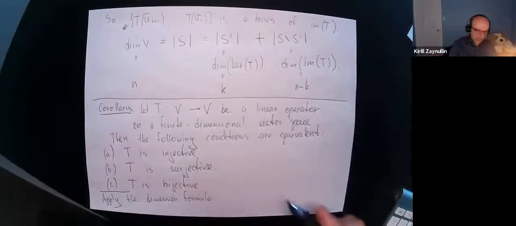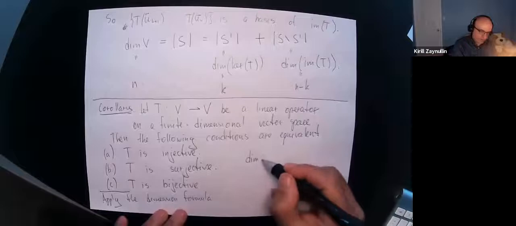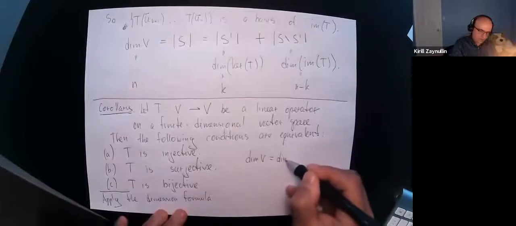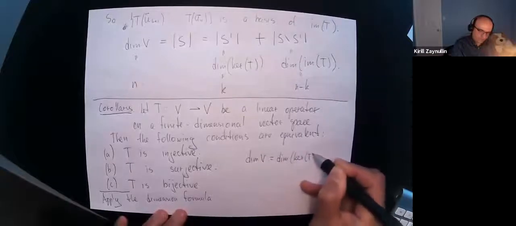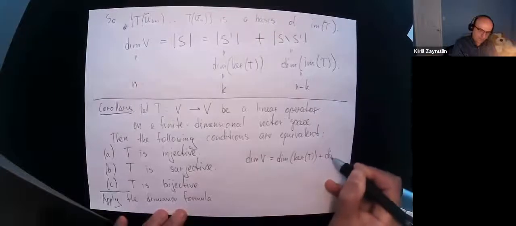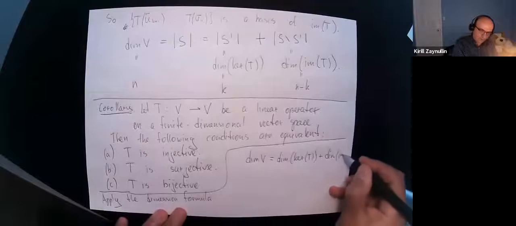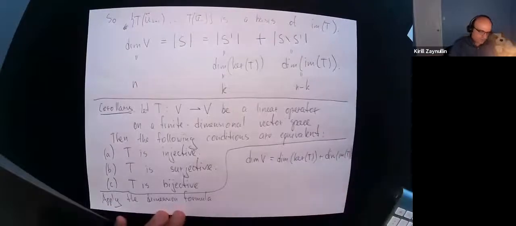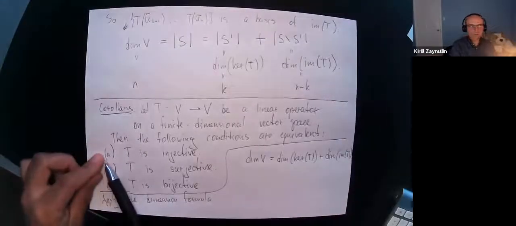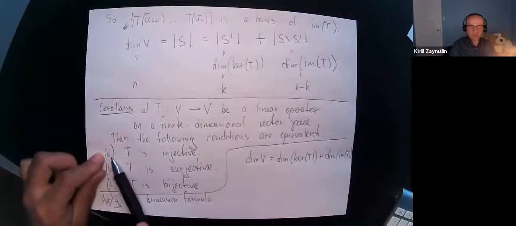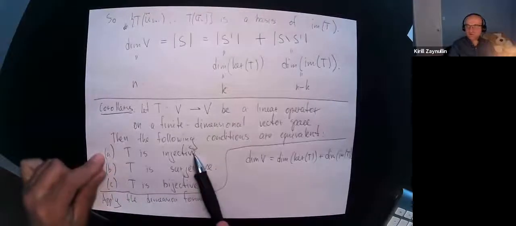Let me write it down again. The dimension of V is the dimension of the kernel plus the dimension of the image, right? So for instance, how do we see that A is equivalent to B? Suppose that T is injective.